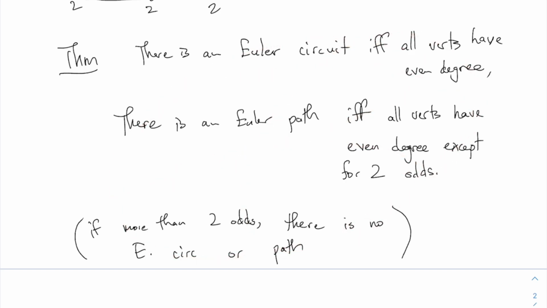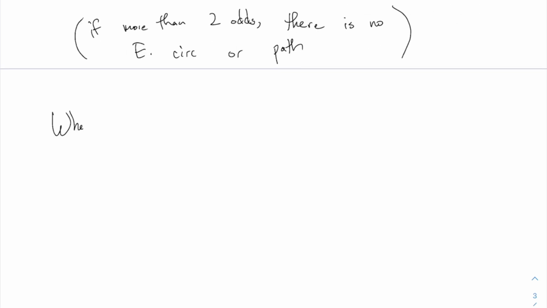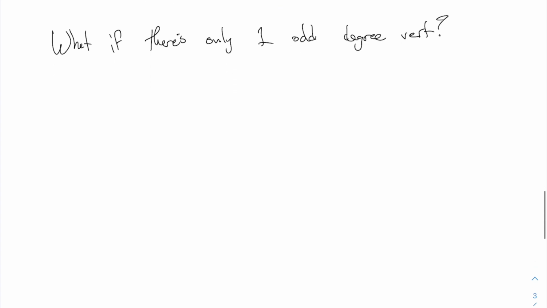So what if there's only one odd degree vertex? For example, can I draw an example of a graph with only one odd degree? How about, okay, this one is degree 3.